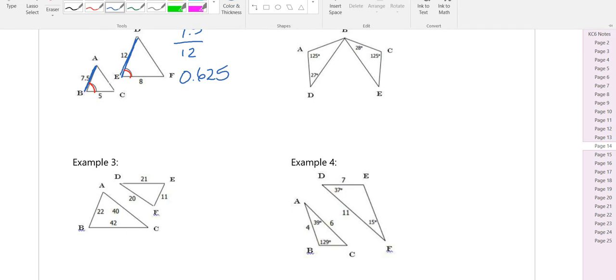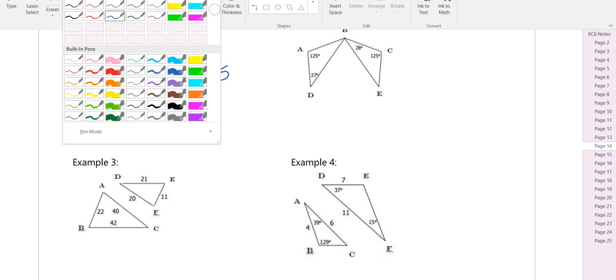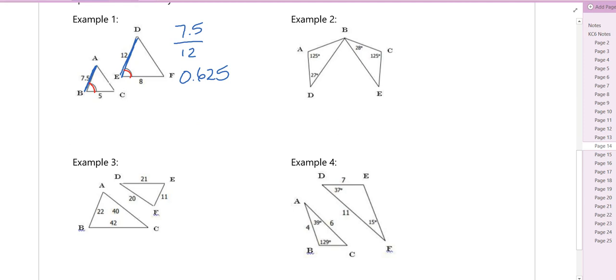Sometimes if you don't see the fraction simplify, you can go ahead and write the decimal form to see if it also equals. So now I'm going to go back to my little side here, which is 5 over 8. Again, 5 over 8 does not simplify, but if you look at the decimal form, 0.625, our decimals do end up being equal. So my sides are proportional.